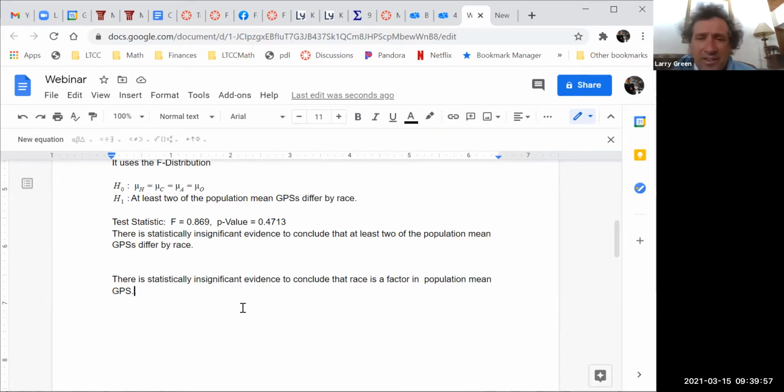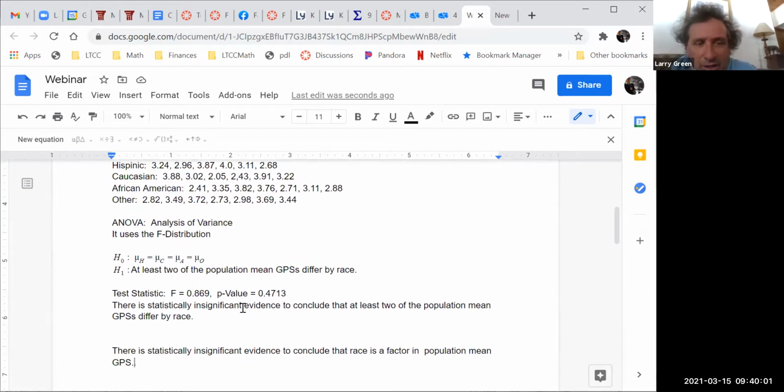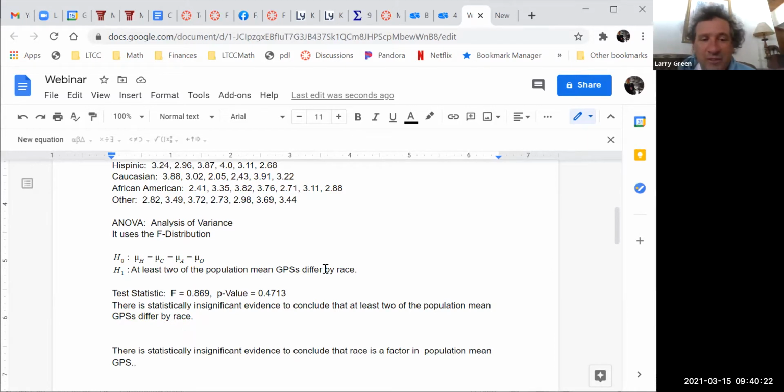And I want to mention, this is really important. If we found out that the p-value is really small, does that tell us which of the GPAs are different? Because H1 is that at least 2 of them differ. No, it doesn't. Is there a way of doing a test to find out which 2 are different?